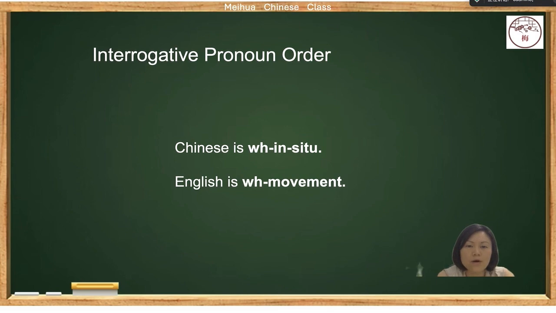Okay, so the most important part comes. Chinese is WH in situ and English is WH movement. What does this mean? Can you guess?